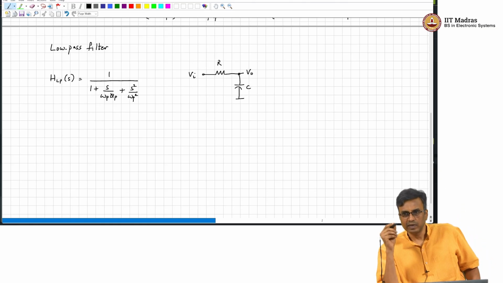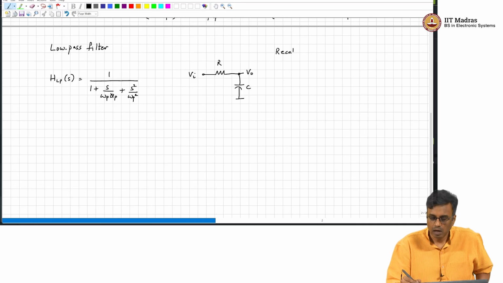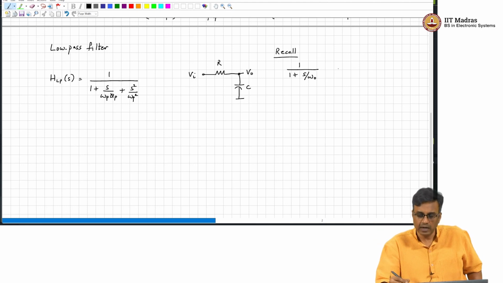At high frequency, this impedance becomes, so recall, for the first order low pass filter, the transfer function is 1 by 1 plus s by omega naught. As frequency tends to infinity, what comment can you make about this response?